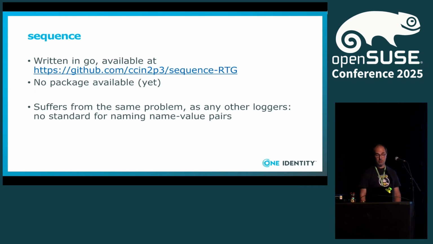I already mentioned naming a couple of times. It's a real pain when it comes to logging and name value pairs, as there are many standards, which means that there is not a single standard accepted by everyone.